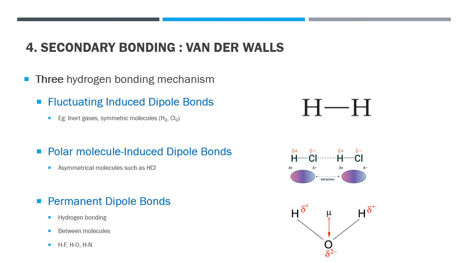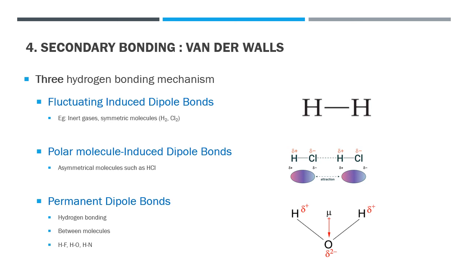Or we have the polar molecule induced dipole bond, which is actually a combination of two elements, for example, hydrogen and chloride. So this hydrogen and chloride each have positive and negative charges. So the negative charge in chloride is also attracted to the positive charge in hydrogen. So the attraction creates van der Waals bonding or secondary bonding.